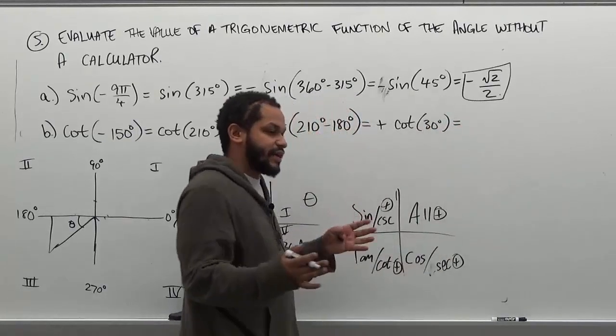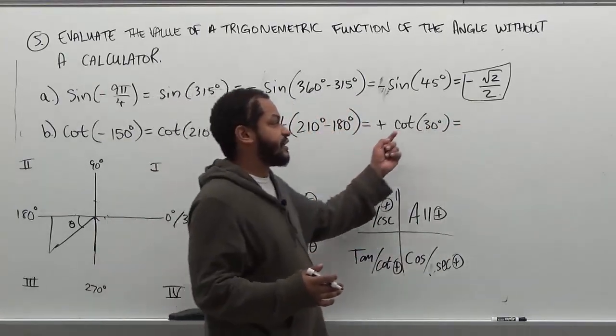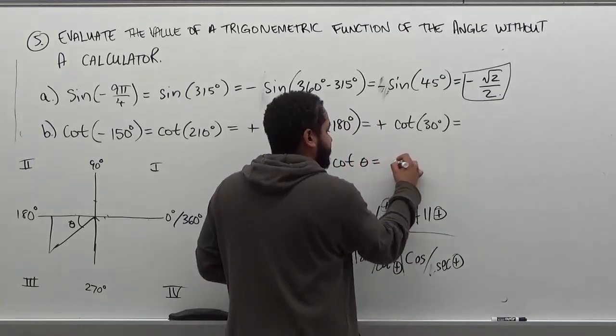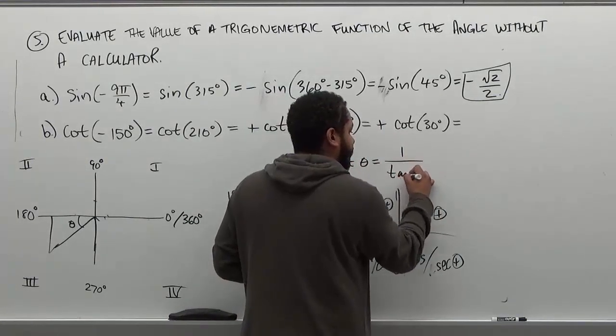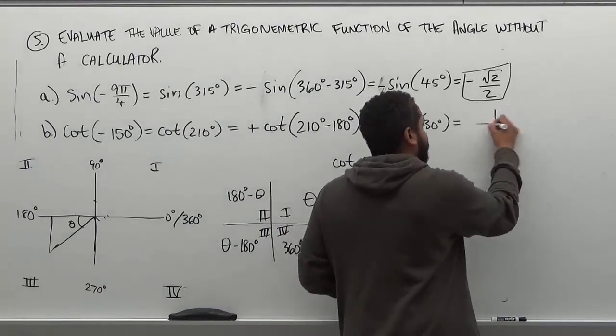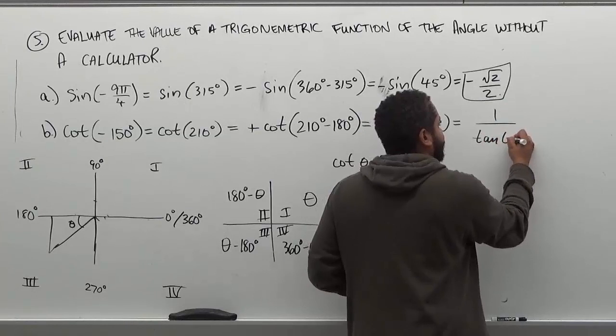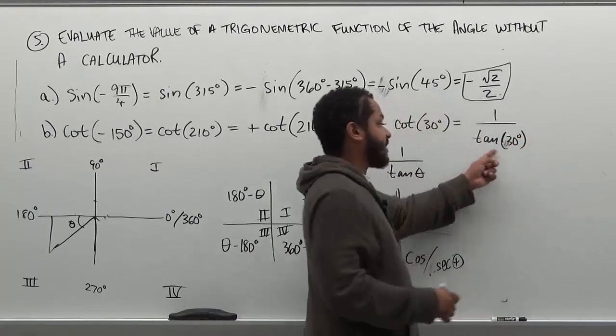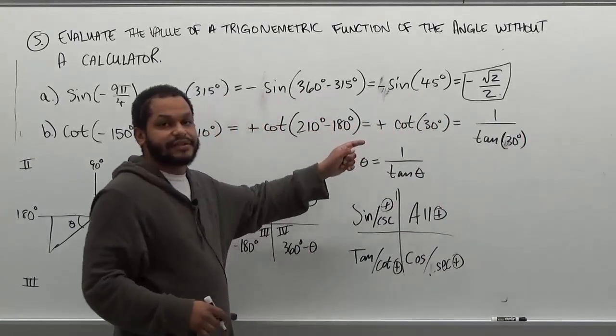And to solve the cotangent of 30 degrees, what we want to do is use the invert function. Cotangent of the angle is equivalent to 1 over tangent of that same angle. So what we're going to do here is we're going to use 1 over tangent of 30 degrees. So if you're plugging this into your calculator, you're using the tangent of 30 to solve the cotangent of 30.